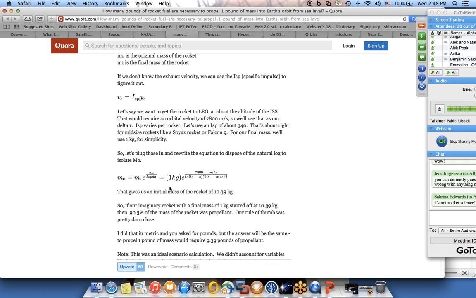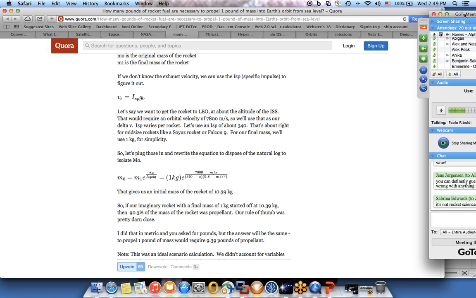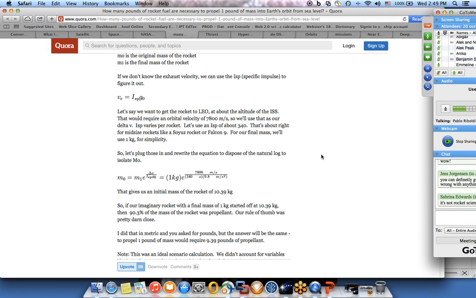It can be 1 pound or whatever, but the result is basically that in this rocket, the initial mass of the rocket needs to be 10.39 kilograms, okay? So if you are going to send 1 kilogram up into orbit, the initial rocket needs to be about this much, all right? So this is rocket science, okay? Yeah, this is rocket science.